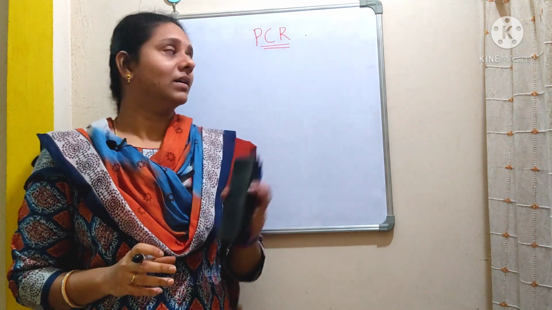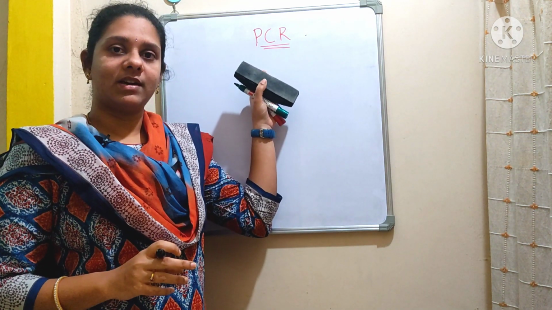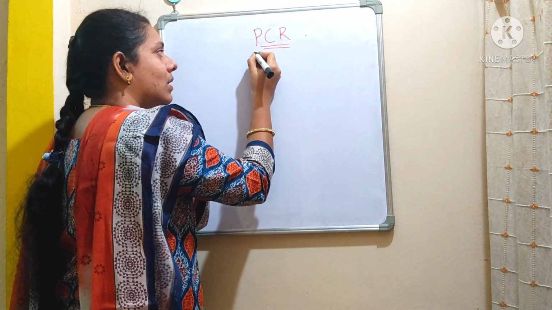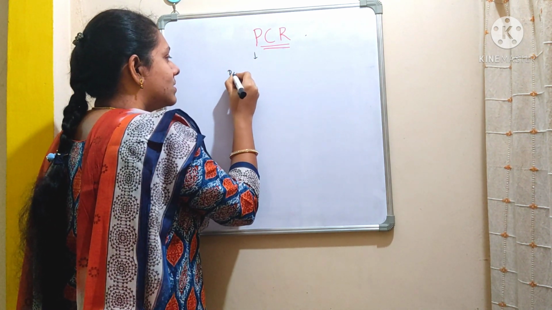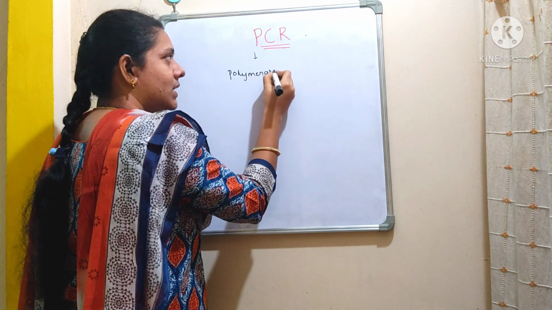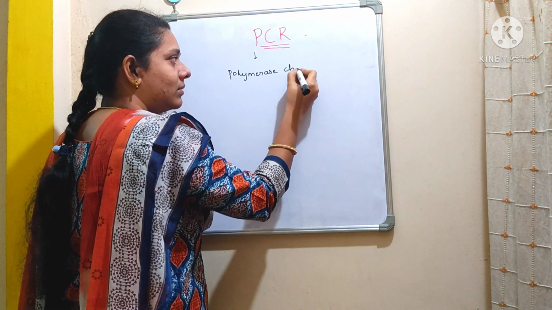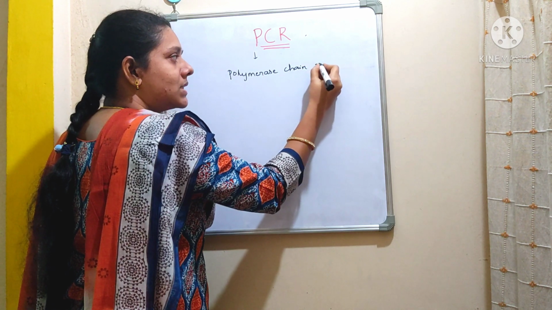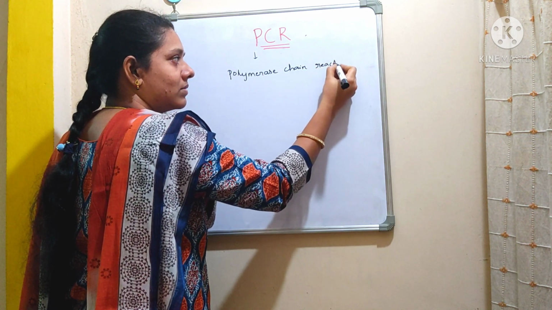Hello everyone. Today I am going to talk about one of the important techniques of molecular biology, that is PCR. What does PCR stand for? P stands for polymerase, C stands for chain, and R stands for reaction.